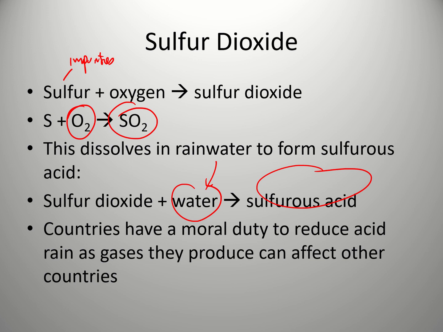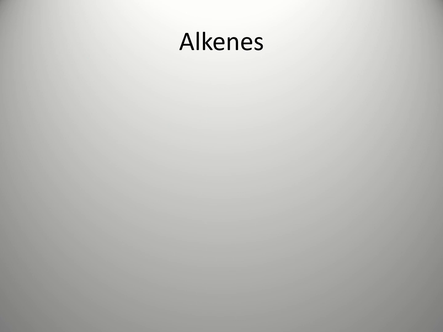The problem with sulfur dioxide is that because it's a gas, it has no respect for borders, it just travels wherever the wind takes it. So we could make sulfur dioxide in our country, and that can cause big environmental problems in a variety of other countries which perhaps don't produce any sulfur dioxide pollution themselves. So there's a moral duty upon countries who do produce it to solve the problem.